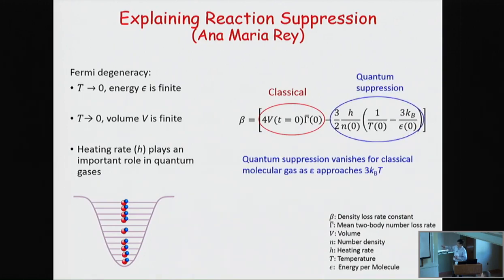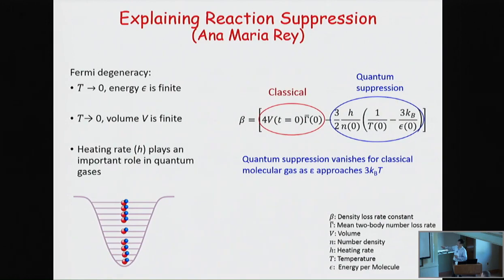When you're above Fermi degeneracy, the energy of the gas equals 3 kBT. So this term vanishes. There is no extra suppression. But when temperature goes below T over TF, then this term becomes much bigger because the energy remains finite. So this term becomes much bigger.